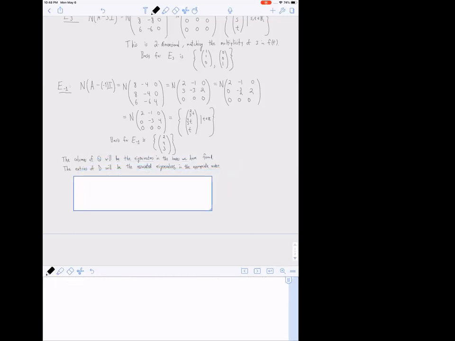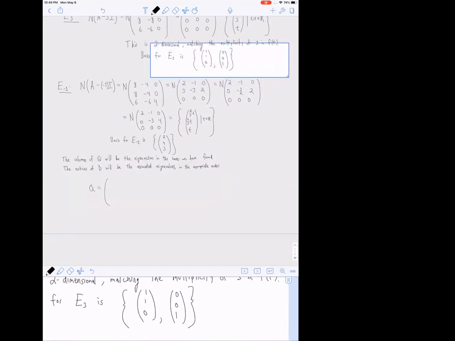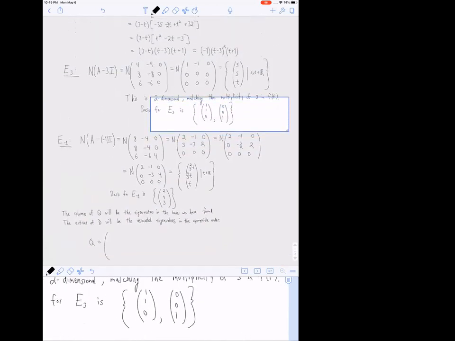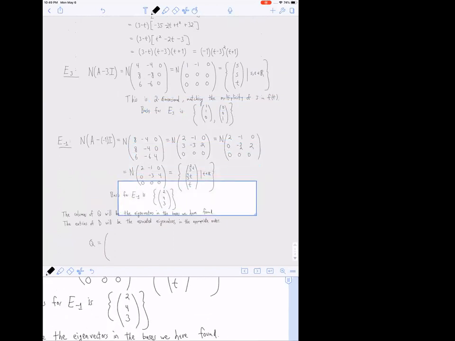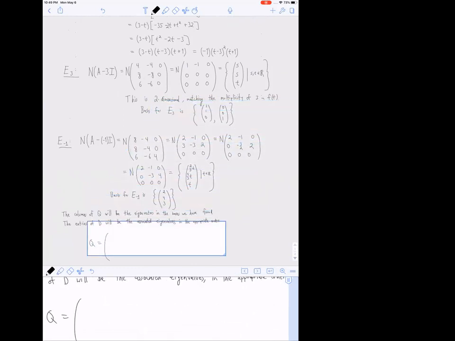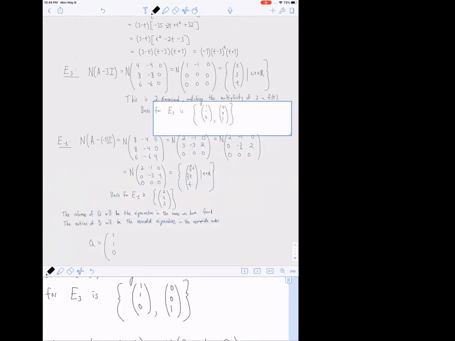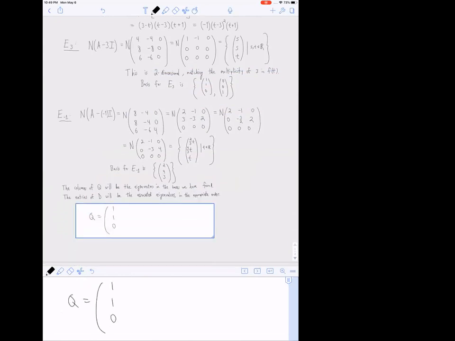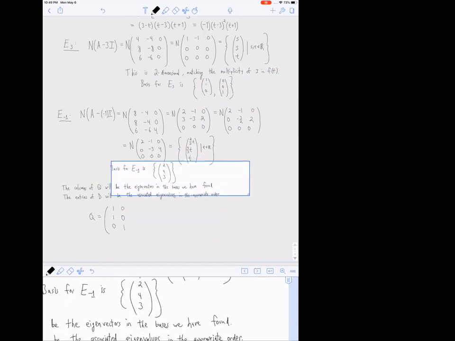In other words, here's what we can do for Q. What we've really done is by finding a 2-element basis for E3 and a 1-element basis for E minus 1, we can put these 3 vectors together to get a basis for R3 consisting of eigenvectors. So let me just take each of these 3 vectors and write them one by one as the columns of Q. So I'm going to take the 2 vectors from E3 first, and then the vector from E minus 1.